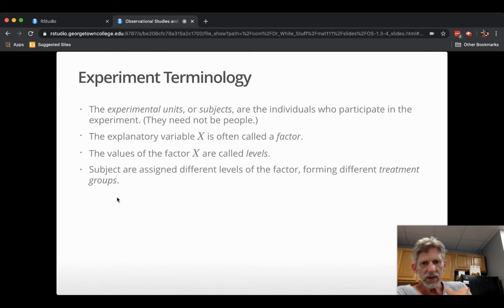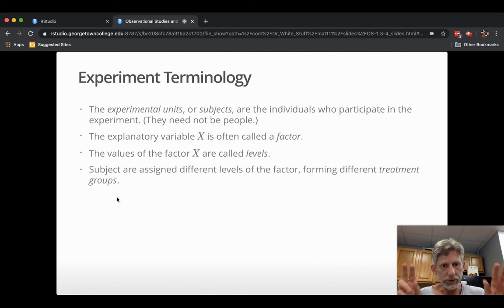Since the researchers are assigning the value of the explanatory variable to the subjects, they're actually putting the subjects into groups where everybody in a group has the same value for the explanatory variable. And those groups get called treatment groups. So there's going to be as many treatment groups as there are possible values for the explanatory variable in an experiment.